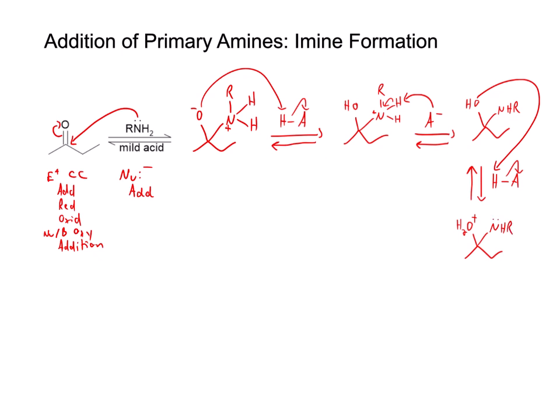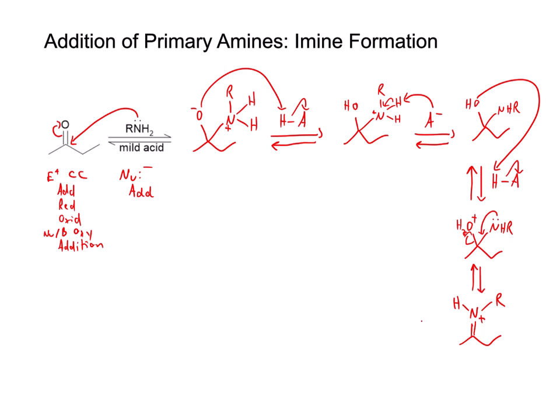And that's because in the very next step, the leaving group is going to leave, and when it leaves, the lone pair on the nitrogen comes down and forms a double bond. This gives us another intermediate called an iminium ion, where we have a double bond N, and it's still bonded to an H and an R, so it has a formal positive charge.